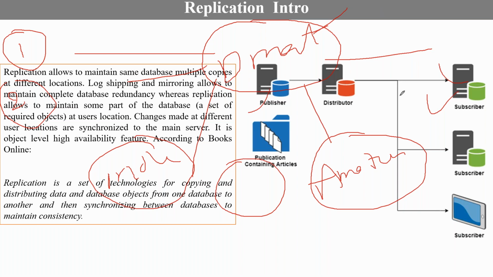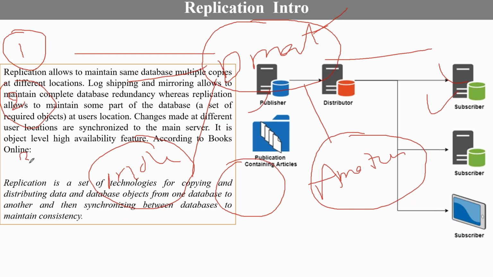Okay, everyone? That is the second advantage, sir. No other technology will support this now. Only replication will support cross domains like Oracle to SQL, SQL to Oracle. That is one of the beauties of replication, sir. Clear? Second point.